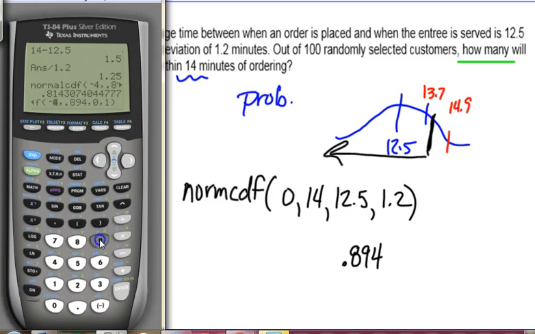Okay. Do you use z-scores or no? Did I do this wrong? Did someone get something different here?